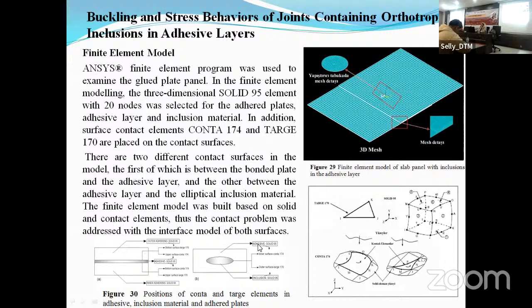We can say it's the adhesive solid, the adherend, the adhesive solid, and the inclusion solid. But the important thing is this connecting surface. So we use connecting elements in this surface and also in the whole adhesive.